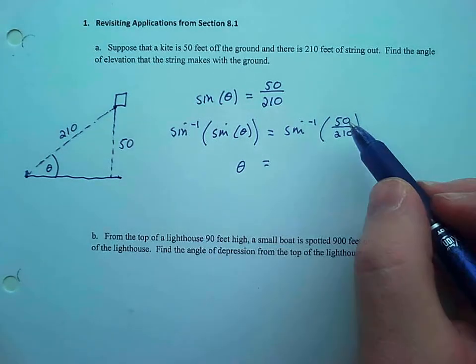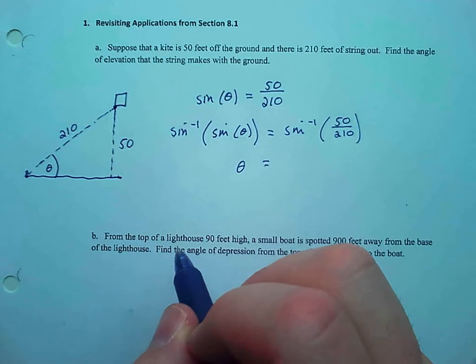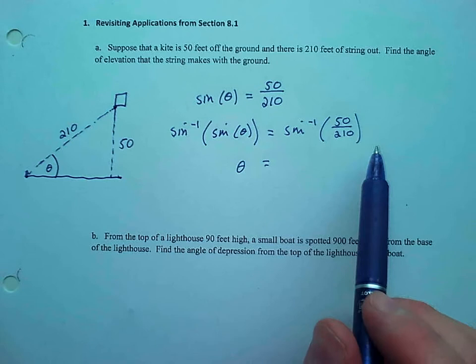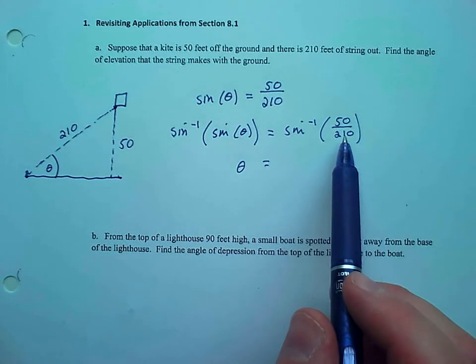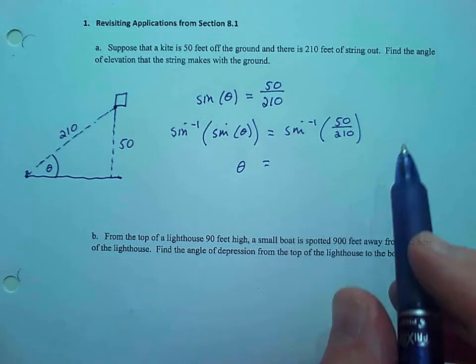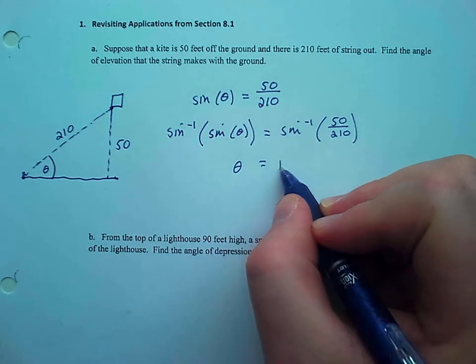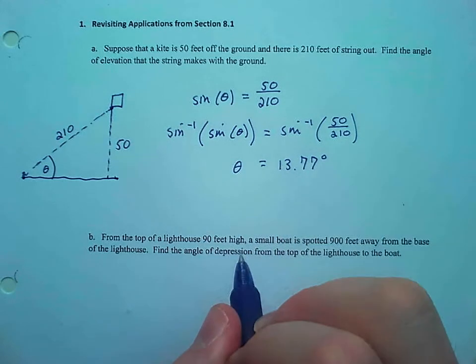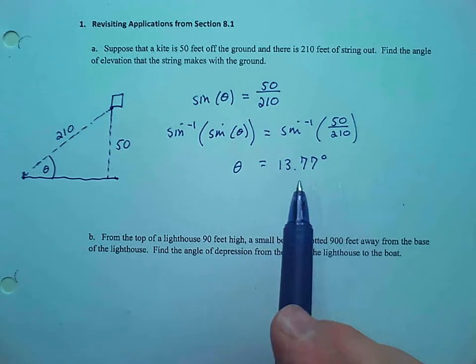Now what we need to do is figure out what the arc sine is of 50 divided by 210. The first thing we want to make sure of is that the value we're plugging in is between 0 and 1, which is definitely what we have. If we plug this in, in degrees, this comes out to 13.77 degrees.